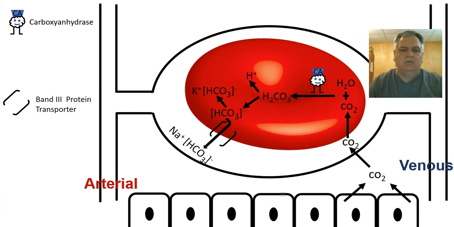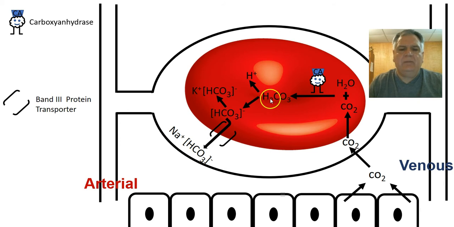Okay, now the only problem that we have here is that as these bicarbonate ions are leaving, remember the bicarbonate ions are negatively charged. And they were formed whenever hydrogen ions were liberated from the carbonic acid.